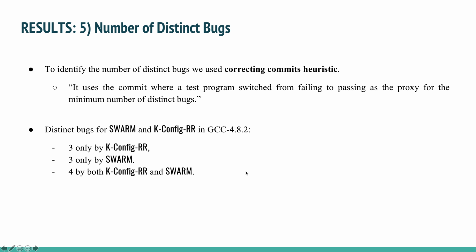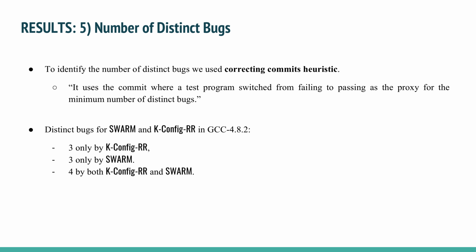To identify the number of distinct bugs, we used the correcting commits heuristic. It uses the commit where a test program switches from failing to passing as the proxy for the minimum number of distinct bugs. Due to the submission deadline, we only computed the distinct bugs for swarm and kconfig round robin in GCC 4.8.2.